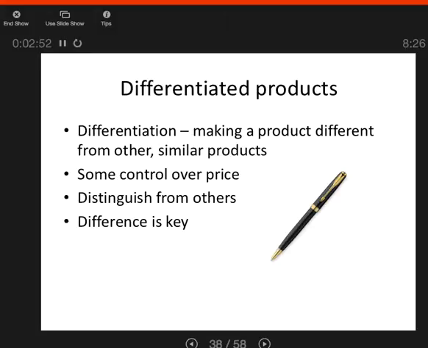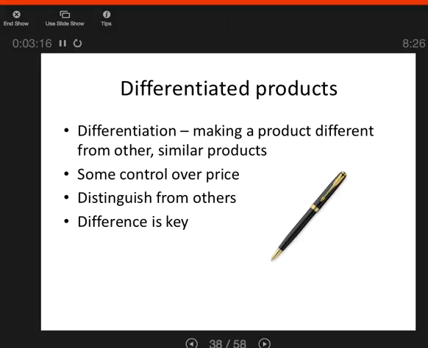Oftentimes, let's say you're looking for a pen, and you go down the pen aisle at a store, there's going to be different types of packaging, colors, things like 25% more ink, maybe it has a rubber grip on it, whatever it might be. They just try to exaggerate. They could say something like, this pen is guaranteed to write.